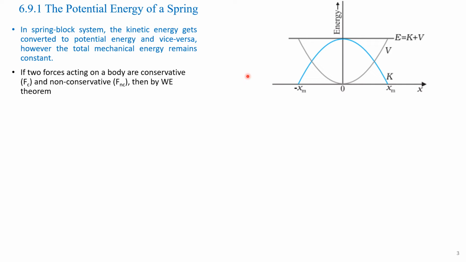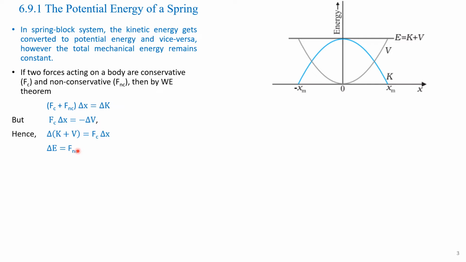If the two forces acting on a body are conservative, Fc, and non-conservative, Fnc, then by the work energy theorem we have (Fc plus Fnc) into delta x is equal to delta K. But we know Fc into delta x is equal to minus delta V. Therefore, substituting and rearranging, we get delta K plus delta V equals Fnc into delta x.